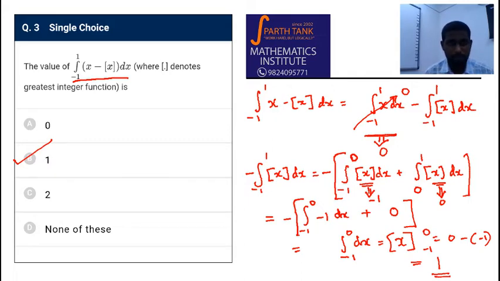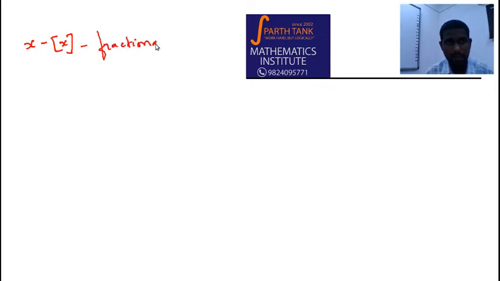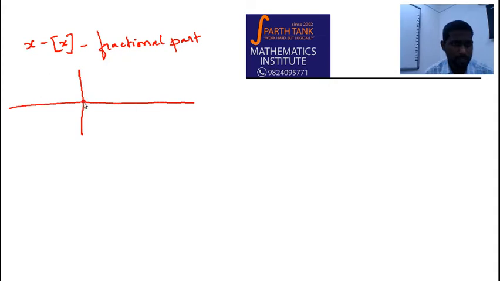Now this can also be done quickly if you remember that x minus floor x represents the fractional part of the number x. Therefore, how does the graph of this function look like? Take x equal to 0.